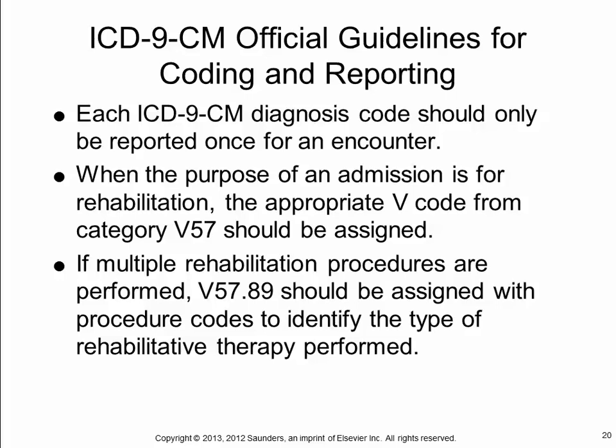It is a diagnosis code. Even though it only has 4 numbers, it is a diagnosis code. Do not confuse it and think it is a procedure code. It is a diagnosis code, and if you use that code, then you must use procedure codes to tell what type of therapy was performed on a patient. All right?